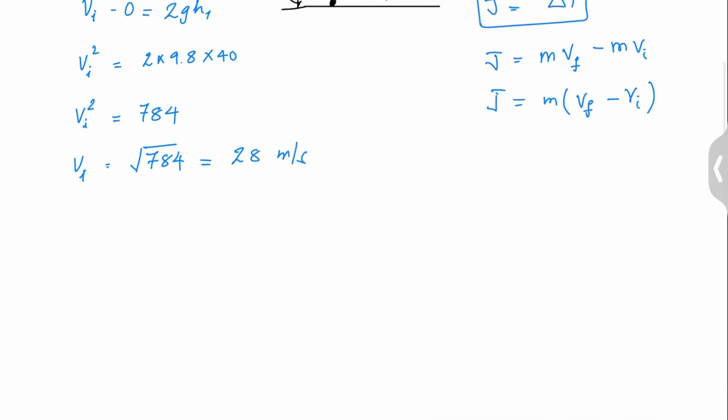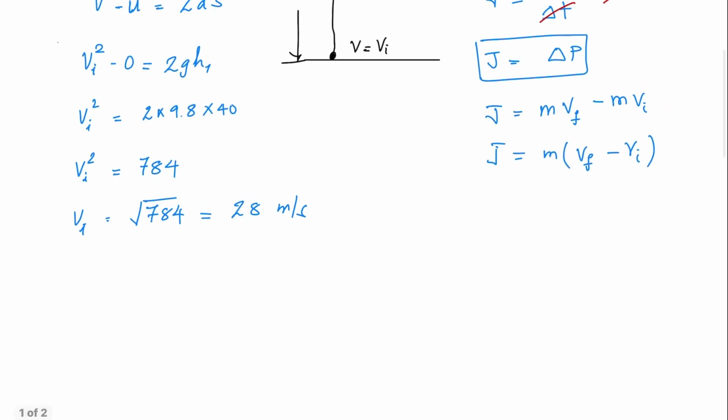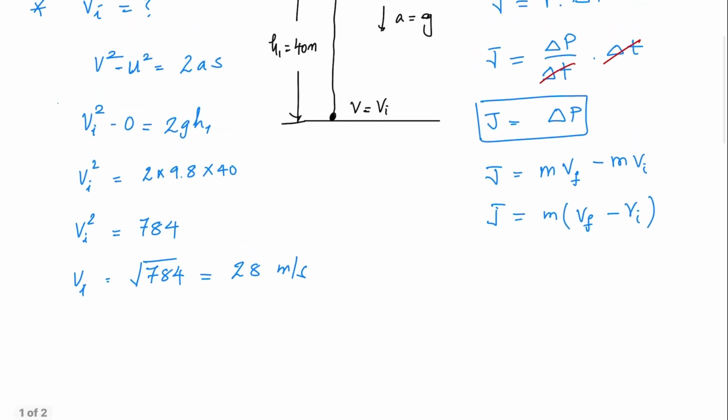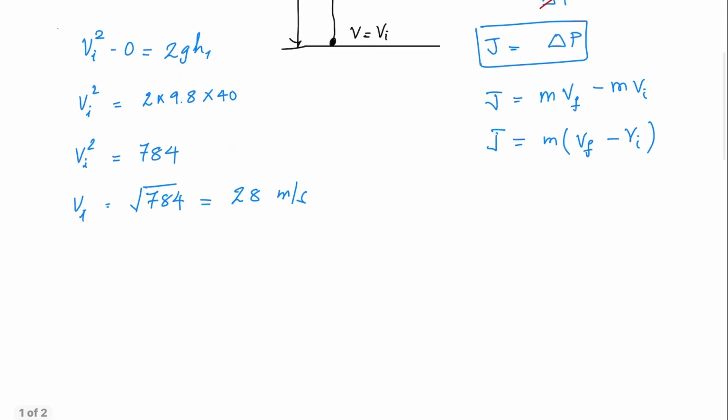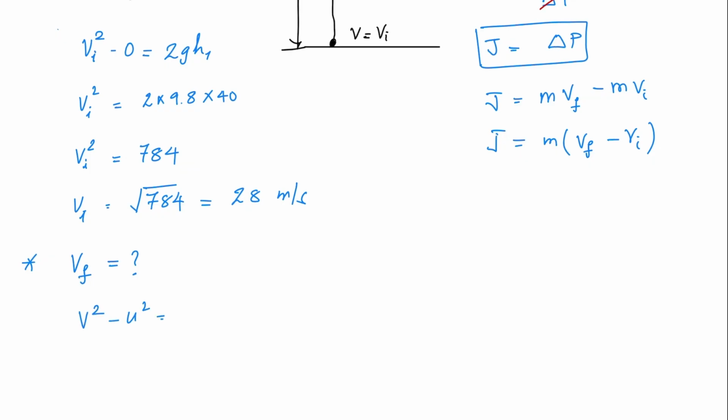Now after hitting the ground, the ball rebounds, and let us assume that the speed with which it rebounds is vf, and so we are supposed to calculate vf now. For that also we use the equation of motion, v square minus u square is equal to 2as.